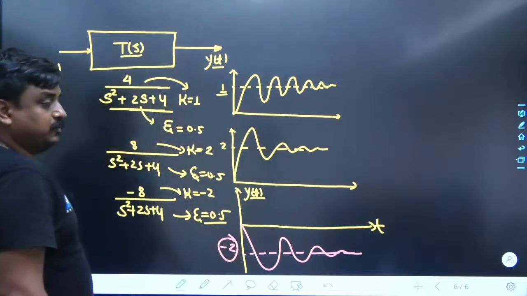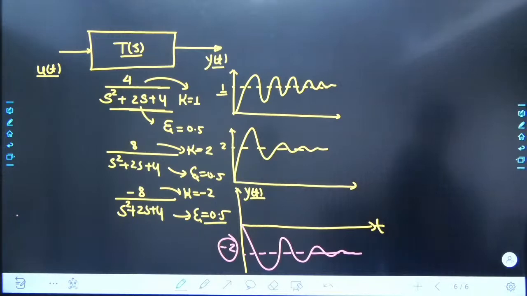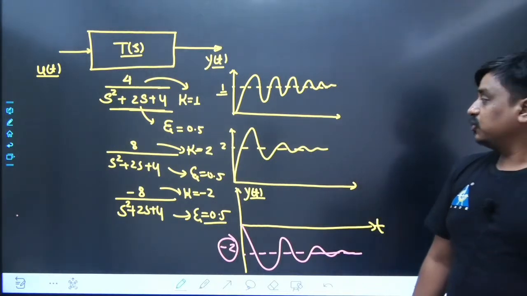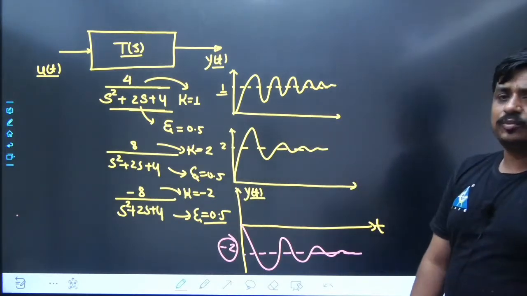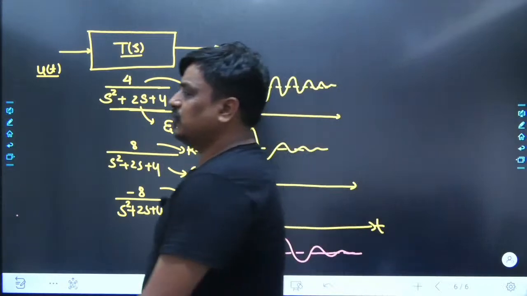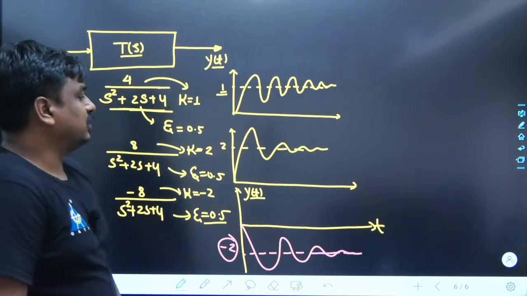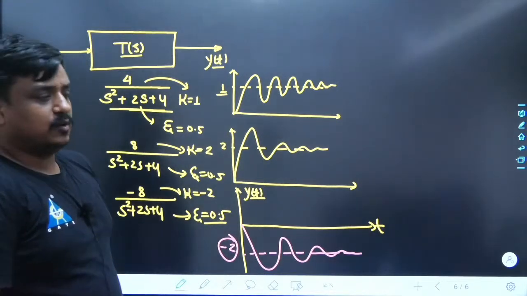It is going to be minus 2. Yes, it would be in the fourth quadrant. It can't go into the second or third quadrant, because the signals and systems we use in control systems are one-sided, or causal. So till this point, I don't think any student would have any doubt.